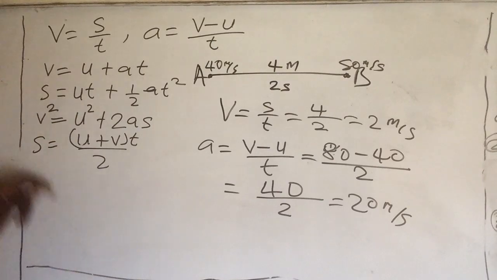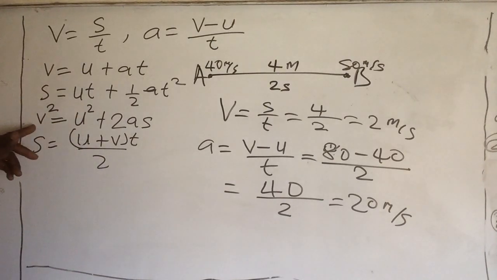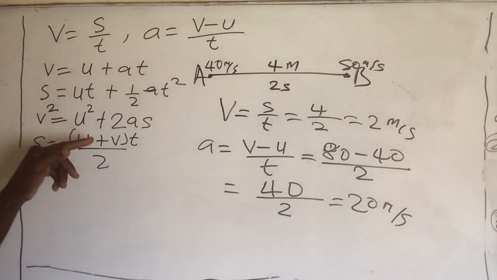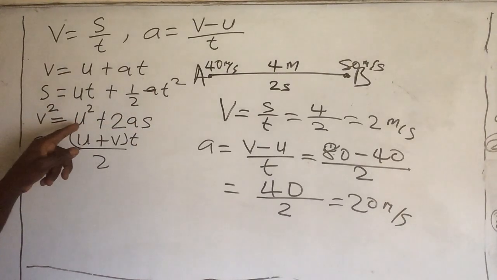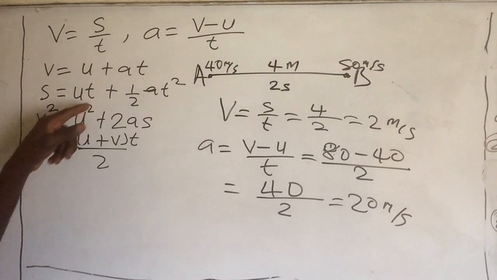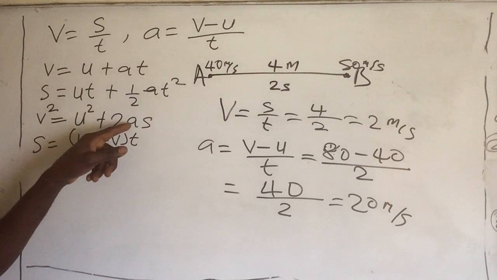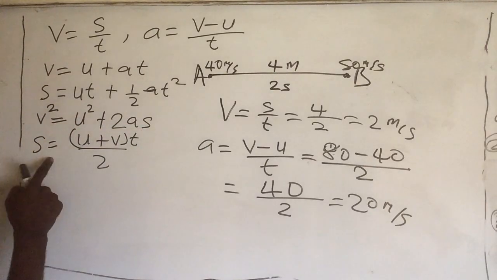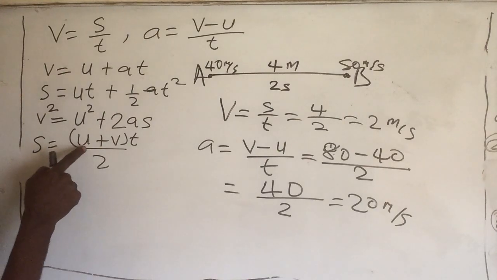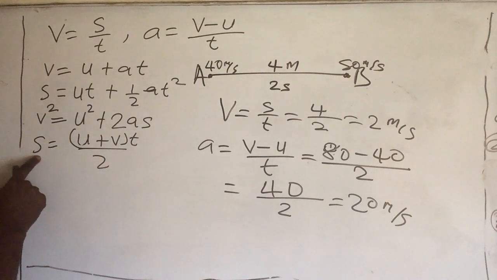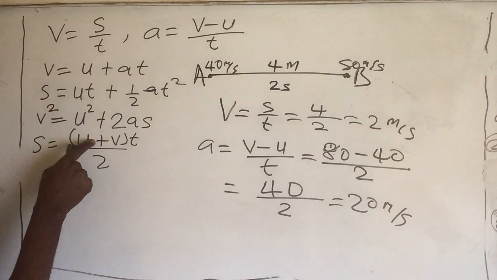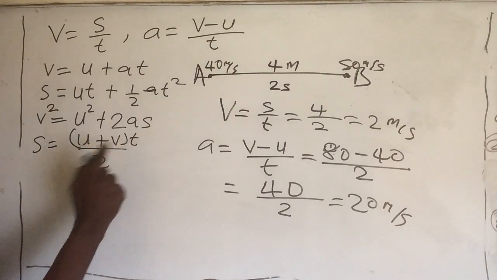Another one is V squared equals U squared plus 2AS, where V squared is final velocity squared, U squared is initial velocity squared, A is acceleration and S is distance. The fourth one is S equals (U plus V all over 2) times T, where S is distance, U is initial velocity, V is final velocity, and T is time.